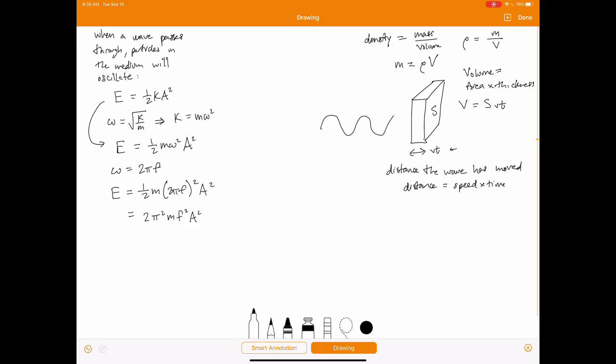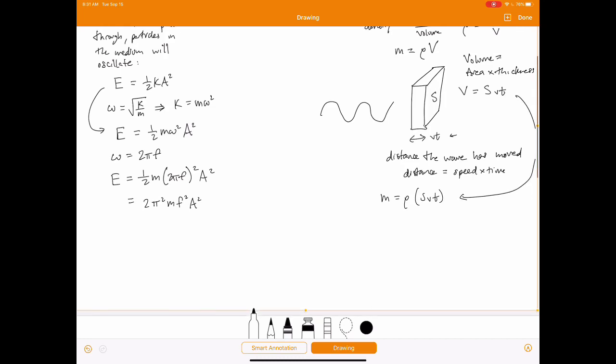Therefore, remember the mass is the density times the volume. So the mass would be the density times S times little v times t.